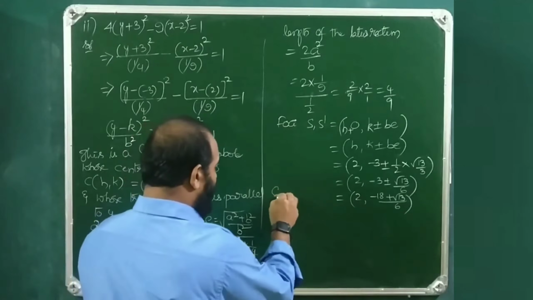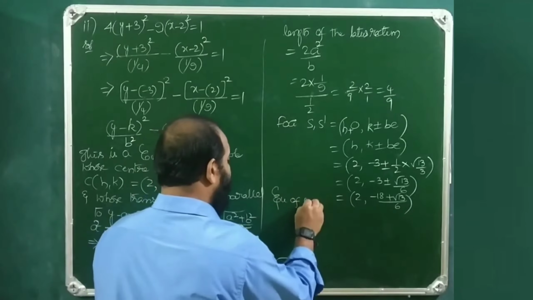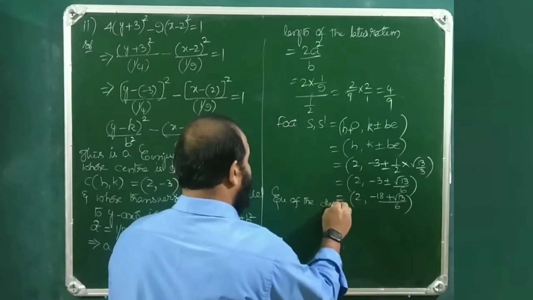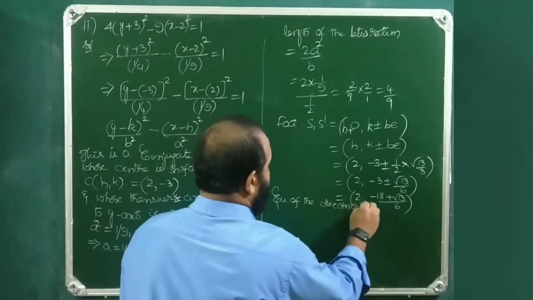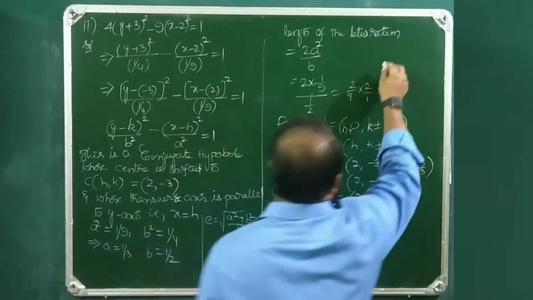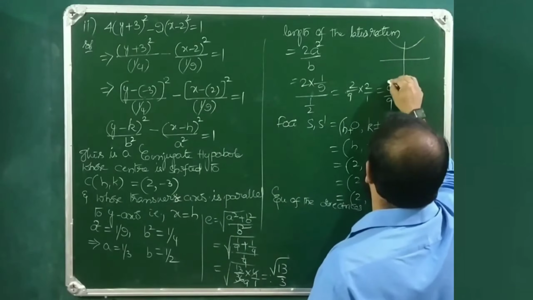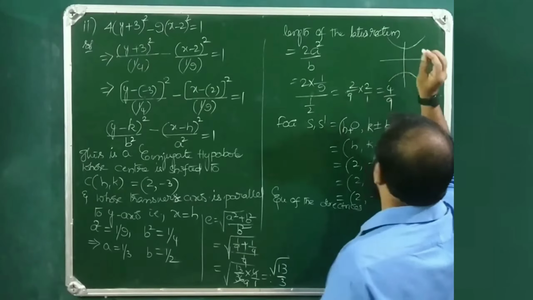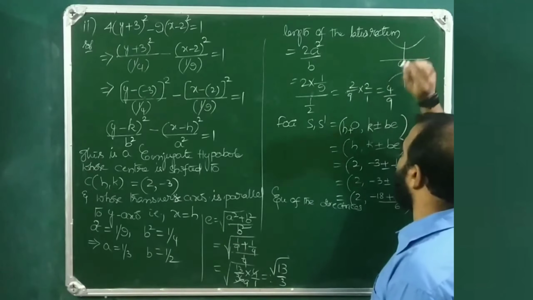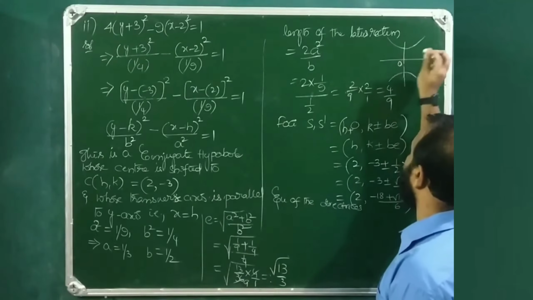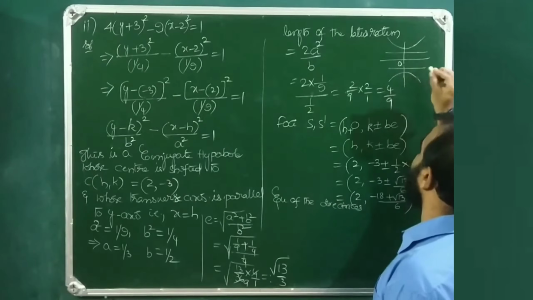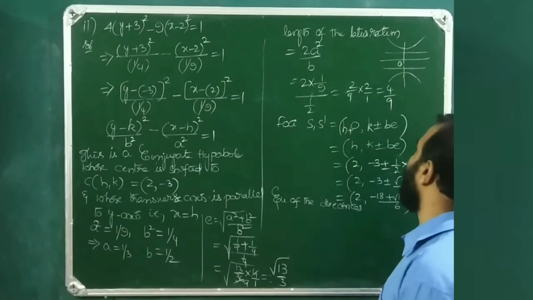Now the equation of the directrices. For the conjugate hyperbola whose vertex is at the origin, these two are the directrices.